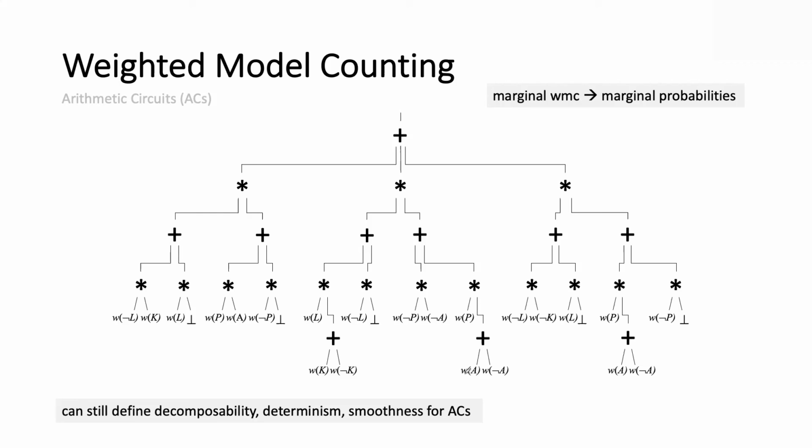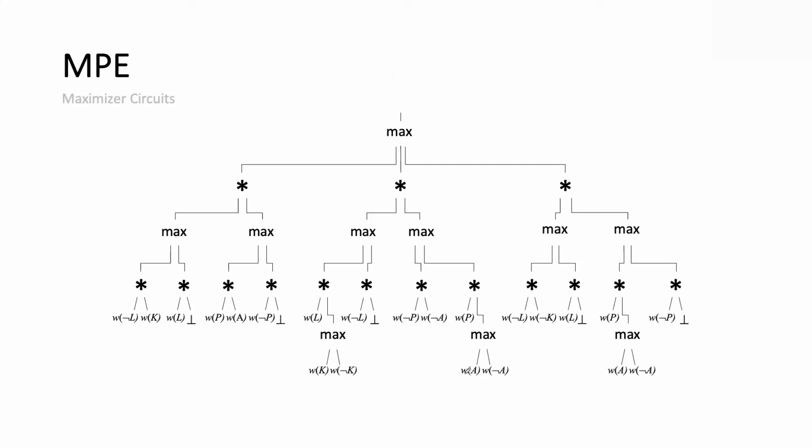Not only can you use this guy to do marginals, you can also do MPE. So again, one of our students in the past, Hei Chan, showed that if you replace these multipliers and adders by max operations, then what this circuit will evaluate is the probability of the MPE.